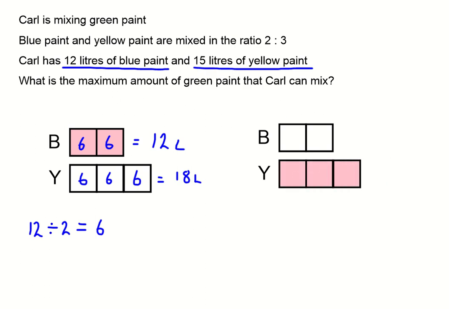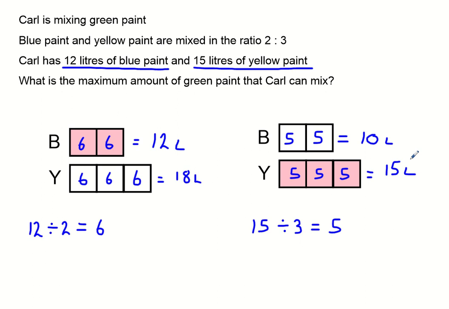So this time we are doing our 15 litres, but we are only dividing that by 3 for the 3 blocks of yellow. 15 divided by 3 is 5, so we have 5 in each of those boxes, and the same for the blue.